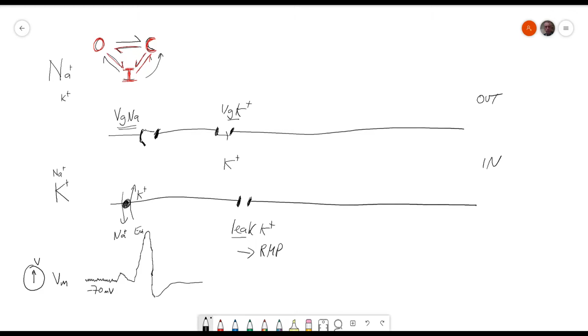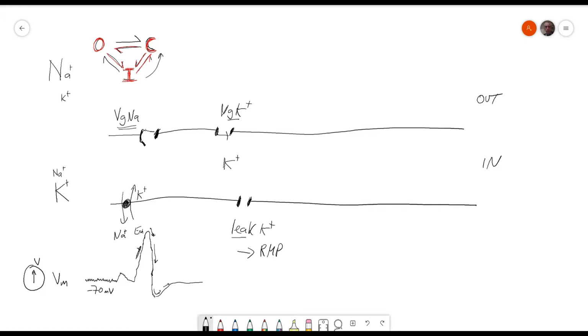So just to recap, what's happening is that here we've got voltage gated sodium channels opening, they inactivate here, potassium channels open to speed the repolarization, and for a while these slow voltage gated potassium channels still remain open, taking some time to close. As they do so, we return to our membrane potential.